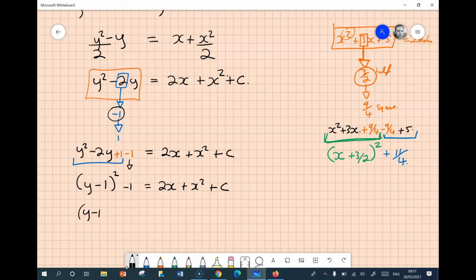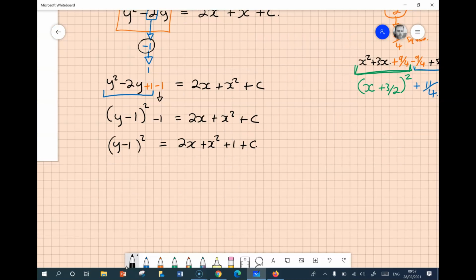So I've got y minus 1 to be squared. I'm going to bring my minus 1 over. So 2x plus x squared, and I just throw it in there, plus 1 plus c. Okay, now I'm nearly ready to solve. So if y minus 1 to be squared is equal to that, then y minus 1 must be equal to the square root of that: 2x plus x squared plus 1 plus c.